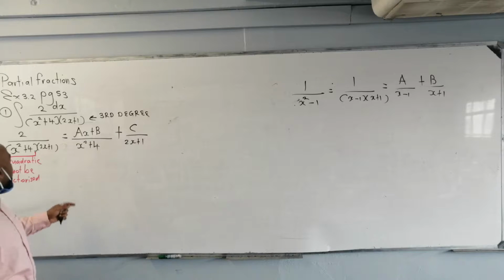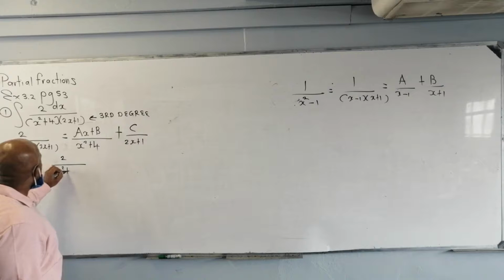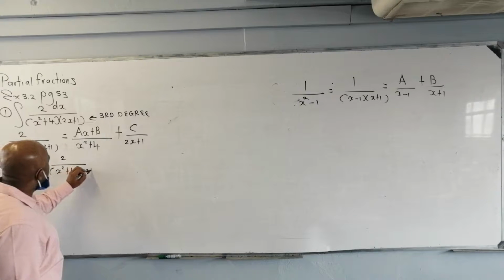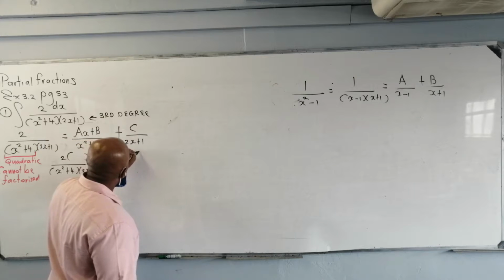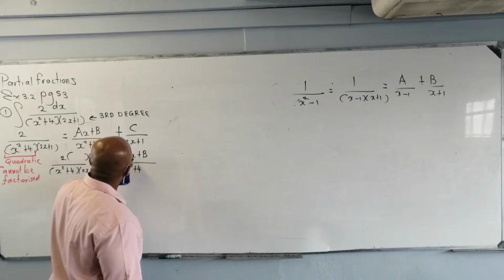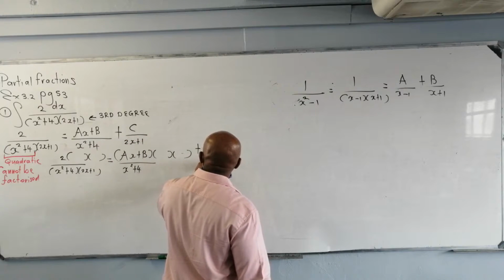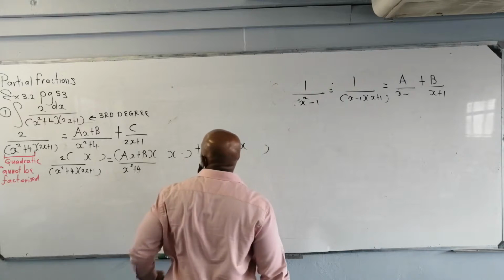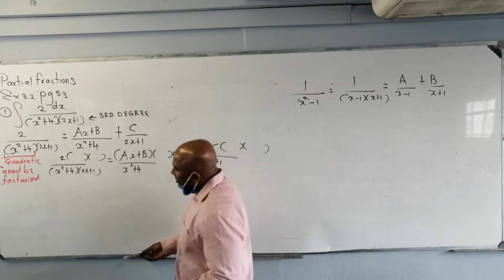What am I going to do now? I'm going to multiply by this denominator on both sides. Let me do that quickly here. What is our denominator that I'm going to multiply by?